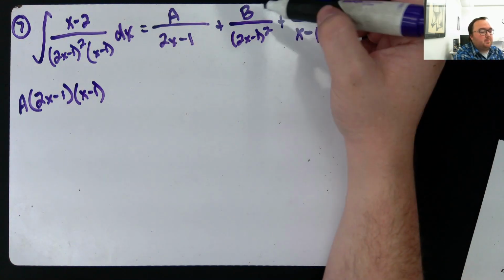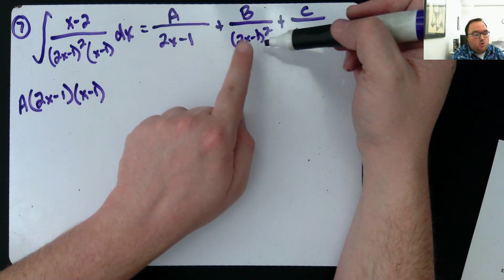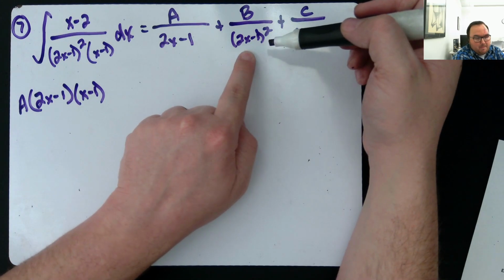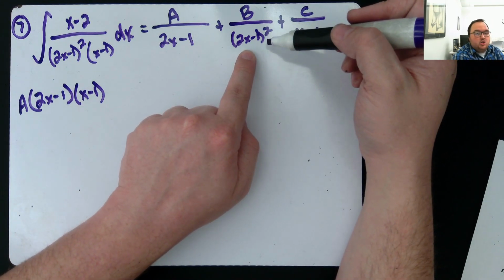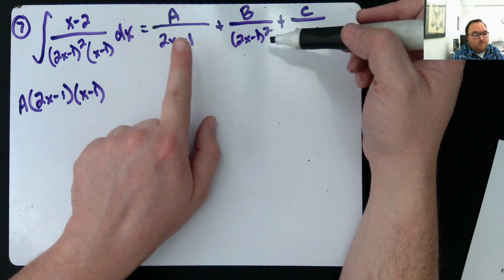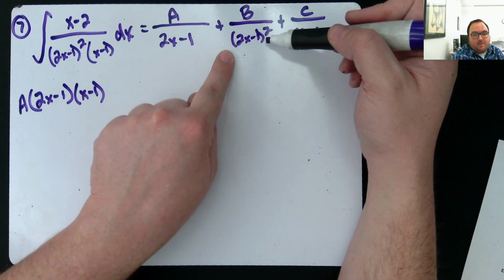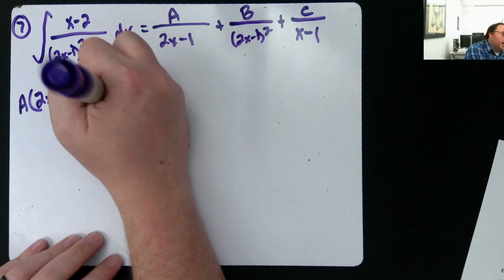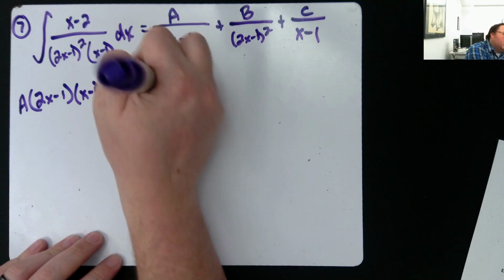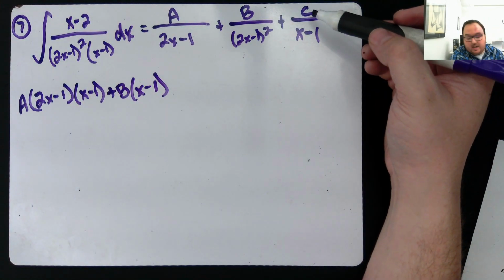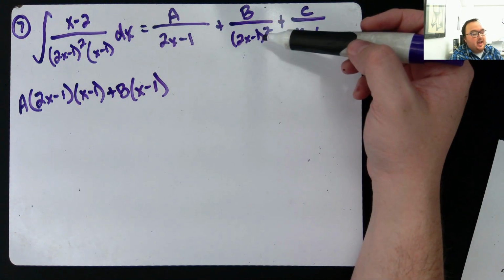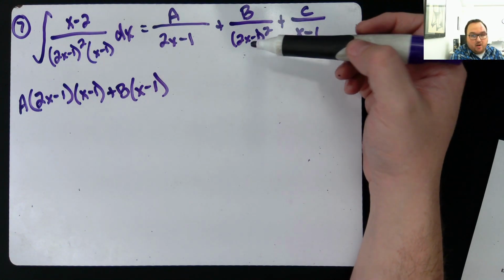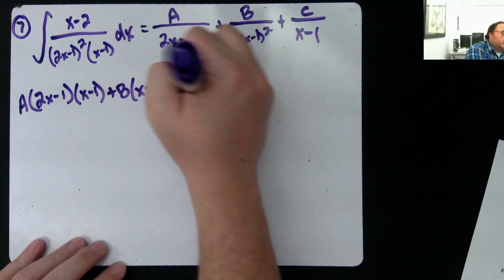Moving on to the b, I already have 2x minus 1 squared, so I don't need that factor over here. I already have it. So the only thing I need for b is x minus 1. And then for c, to match all of these, I need 2x minus 1 squared. So let's do 2x minus 1 squared.